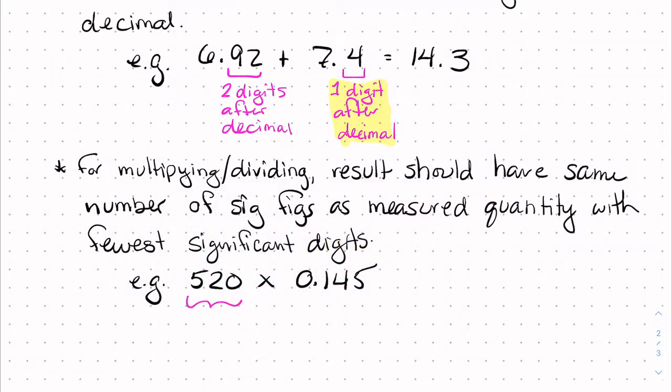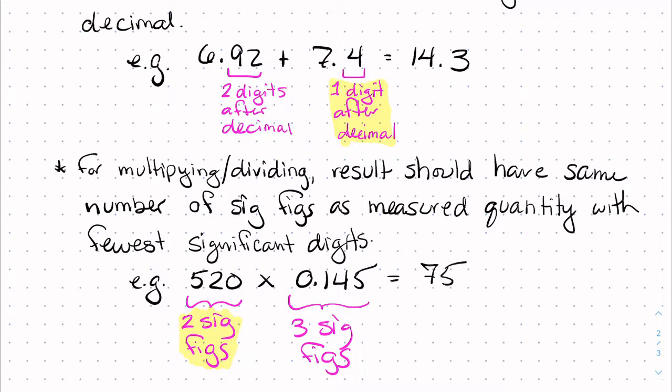520 without a decimal point at the end only has 2 sig figs. 0.145 has 3 sig figs. Remember that leading zeros are not significant. We want our answer to match the value with the fewest number of significant digits. So rounded appropriately, the answer to that would be 75 to 2 significant digits.